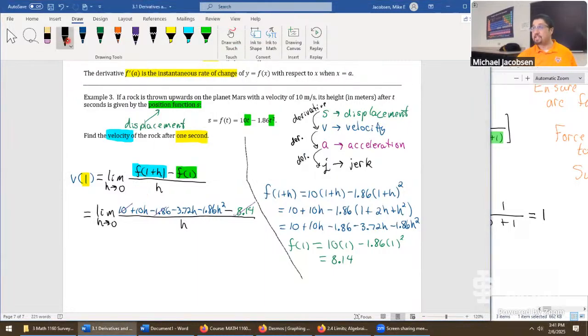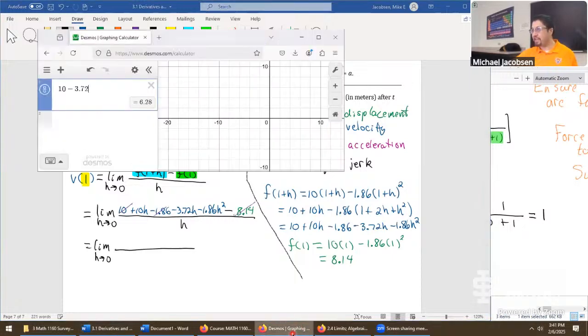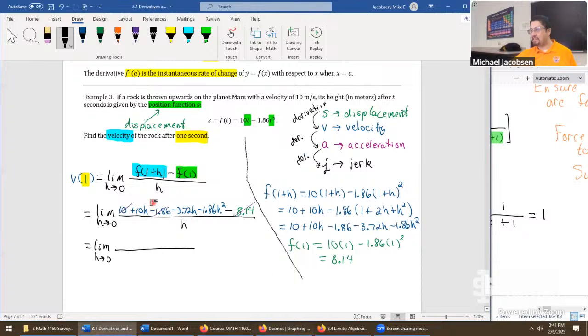And that gets us to our next statement. Limit as h goes to 0 of 6.28h, combining this part with this part right here, and then finally, minus 1.86h squared, all divided by h.